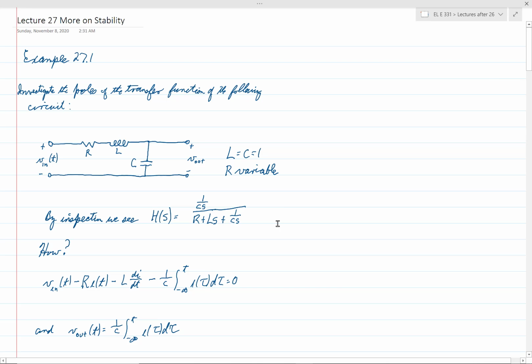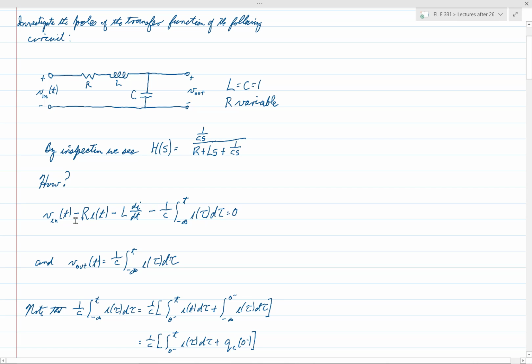But again, if you don't remember how to do that, then the way we would do it is the following. Kirchhoff's voltage law would tell us that Vin(t) minus R times i(t), where I've defined i(t) to be the current flowing clockwise in this circuit, minus L di/dt, minus 1 over C times the integral from minus infinity to t of i(tau) d tau, is equal to 0.